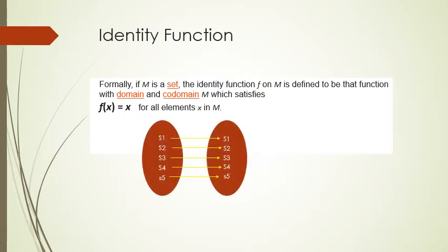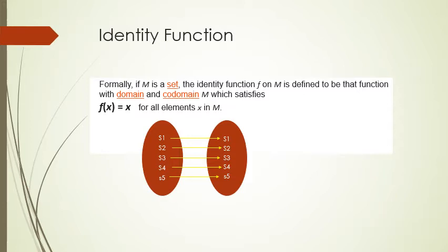Here is the definition of identity function. Let M be a set and let F be a function from M to M. That is, here domain and codomain are the same. Then F is said to be an identity function if F maps every element to itself.